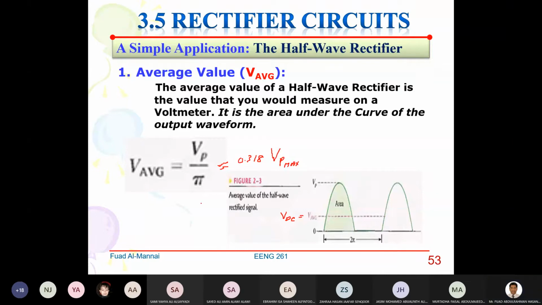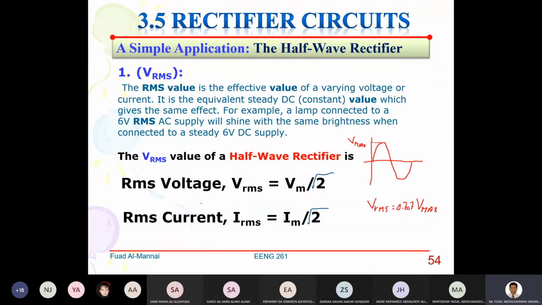Now, another thing that maybe you should know is the RMS. If you have a sine wave and you want to find the VRMS, as I said here, the VRMS value is the effective value of a varying voltage or current.